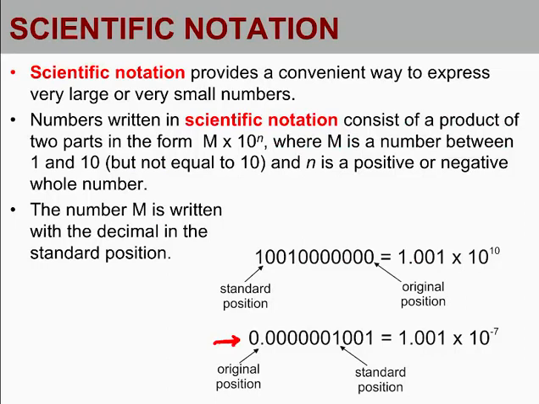So numbers written in scientific notation consist of a product of two parts. This will be in the form of m times 10 to the n. So m is what we call a coefficient.